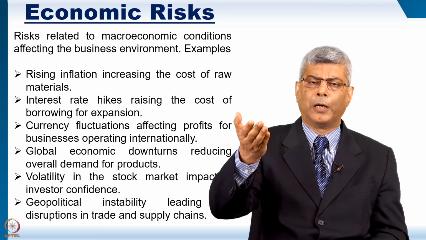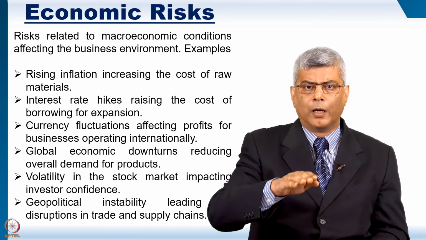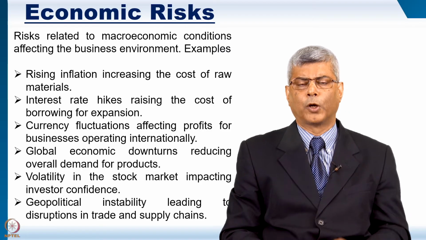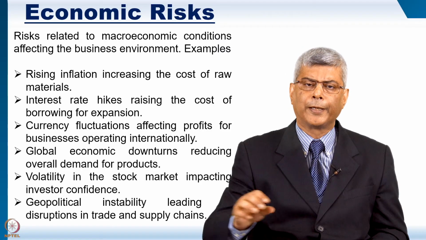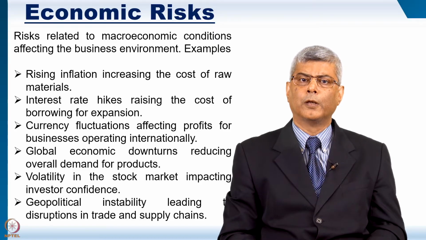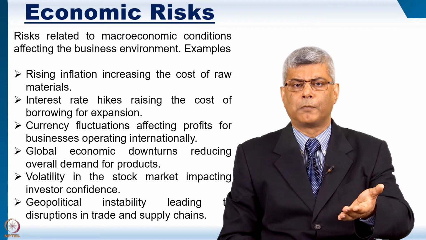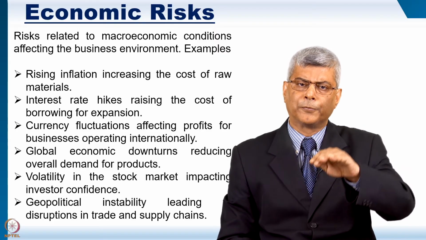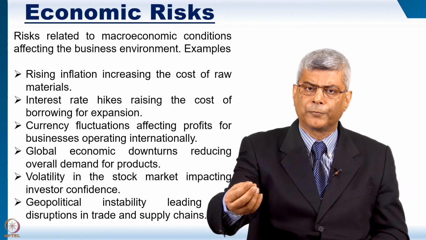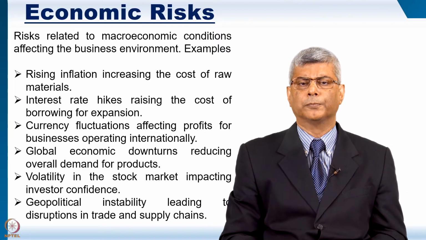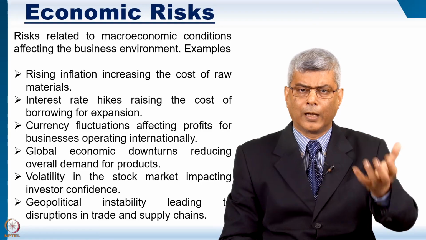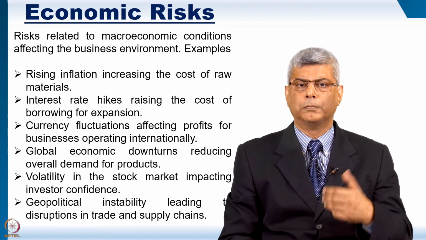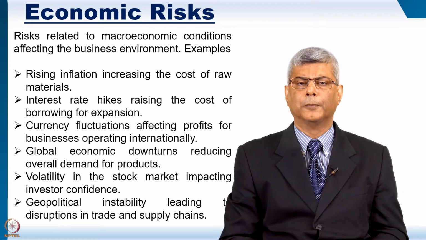Similarly, if the interest rates go up, borrowers who are taking a loan to buy a car or a motorcycle or a refrigerator, their interest burden goes up and they will take fewer loans. Then the demand for a car comes down, demand for a motorcycle comes down, demand for refrigerator comes down. And if a car demand goes down, tire demand goes down, petrol demand goes down.